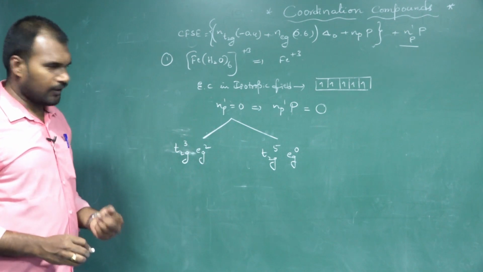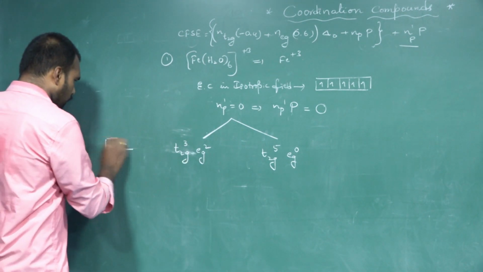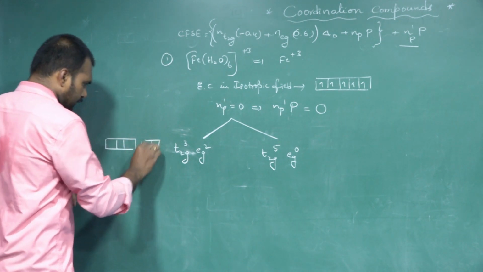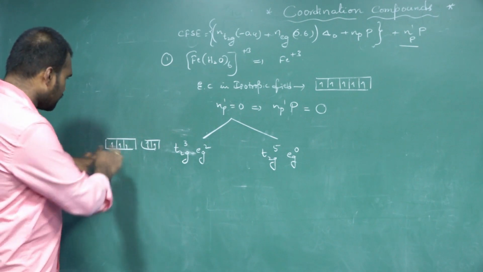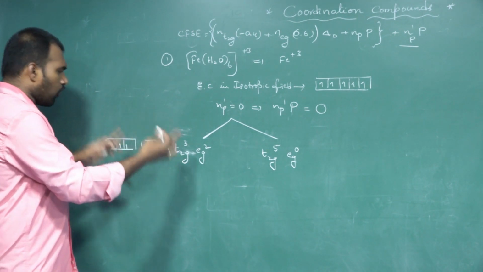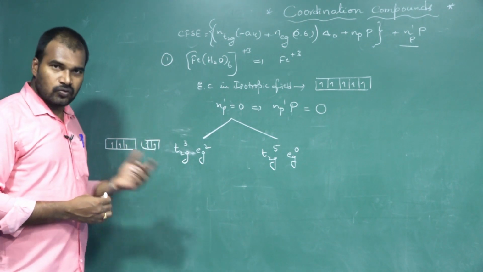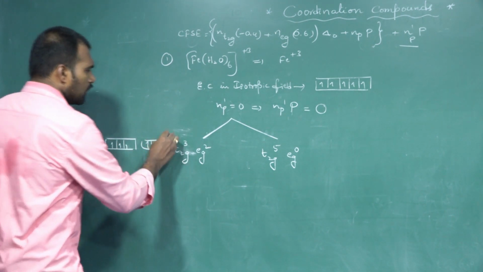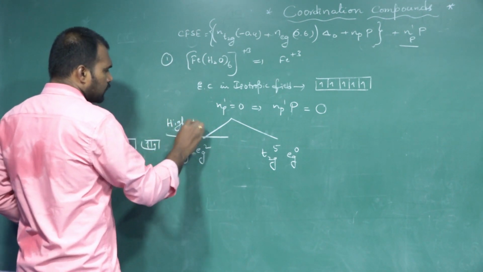Here I am writing the orbital configuration so that you can easily understand: T2G3 is 1, 2, 3 and Eg2 is 1, 2. How many single electrons are there? 5 single electrons, so they have high spin. T2G3 Eg2 means this is a high spin complex.